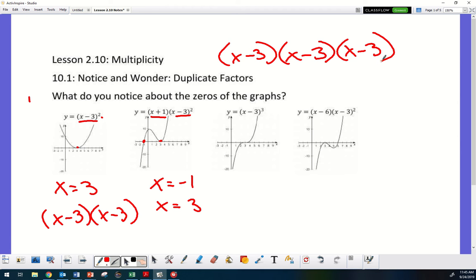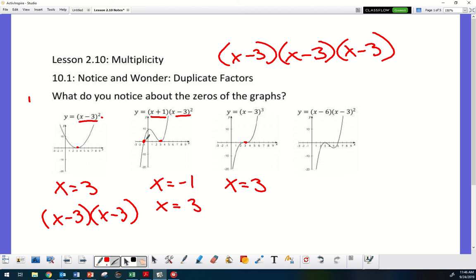So I have x equals positive 3 three times. I will have 3 values of x, and all of them are going to be here, so they're all going to cross at that same point. So if you notice, on the previous one I had it twice, and there's another one over here. On this one, all 3 times happen at that spot.